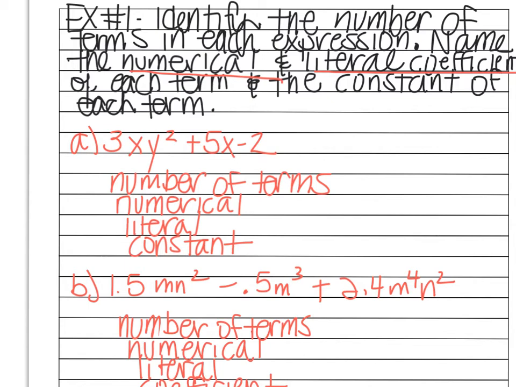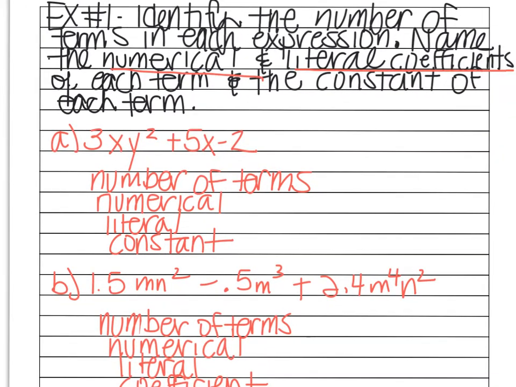Let's get into our first example. It says identify the number of terms in each expression, and it asks us to name the numerical and the literal coefficients of each term and the constant of each term. When I look at my first one, I have 3xy squared plus 5x minus 2. This whole thing is an algebraic expression.